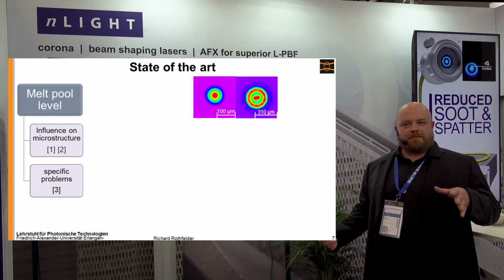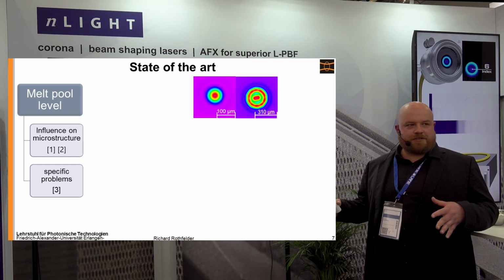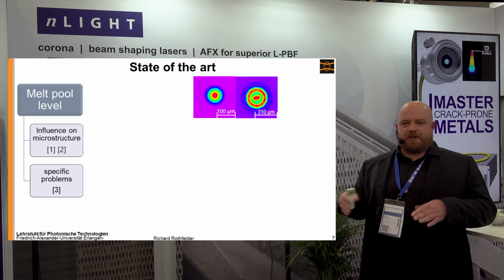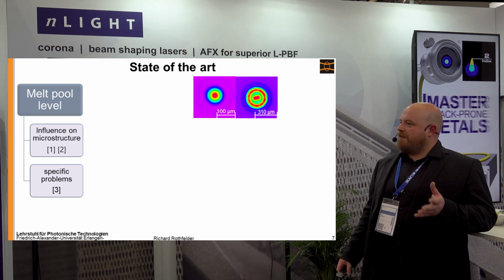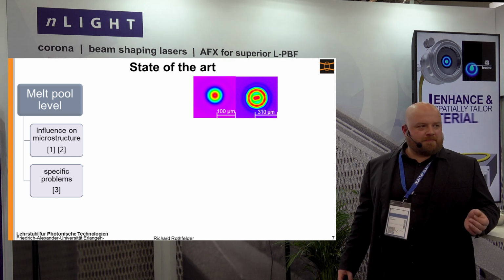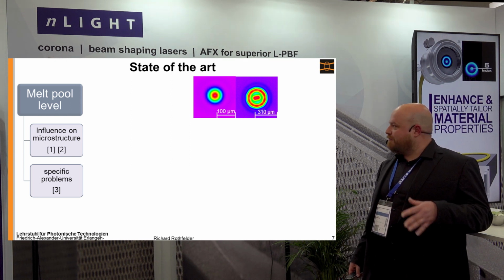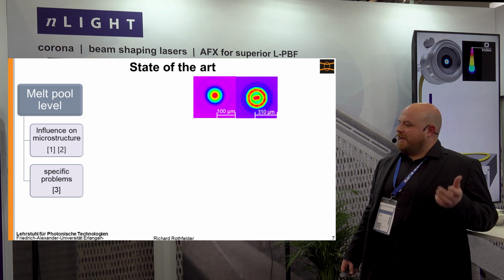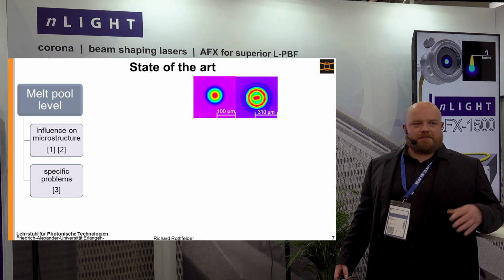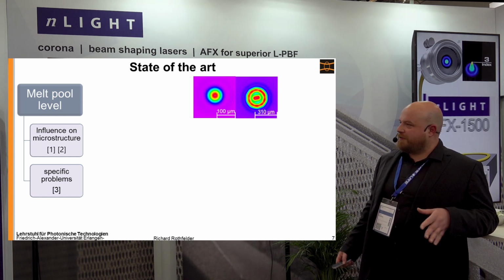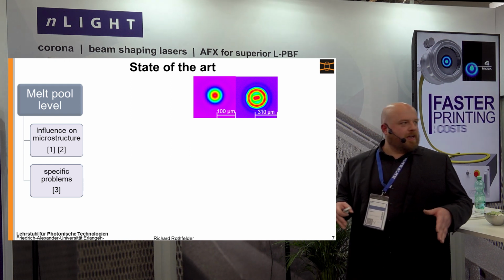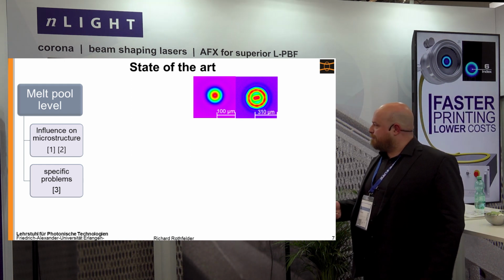It's hard to scale this information up to a complete part because you remelt mostly every volume element of a part several times. So it's not just enough to simulate one single track. You have to take into account the geometry of the part and the overlap of all the weld tracks over time.